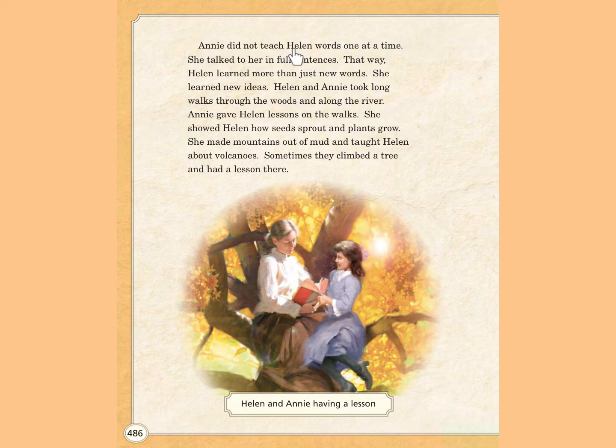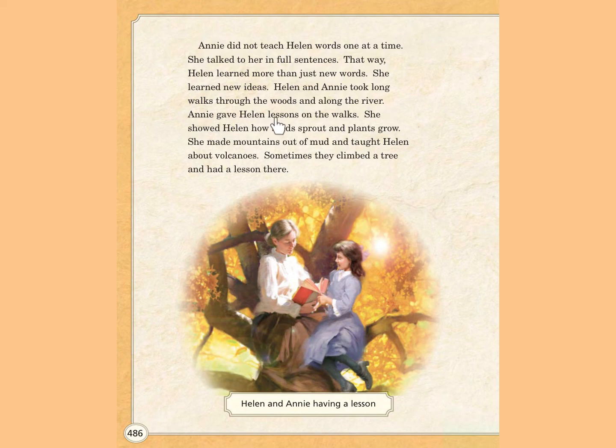Annie did not teach Helen words one at a time. She talked to her in full sentences. That way, Helen learned more than just new words. She learned new ideas. Helen and Annie took long walks through the woods and along the river.